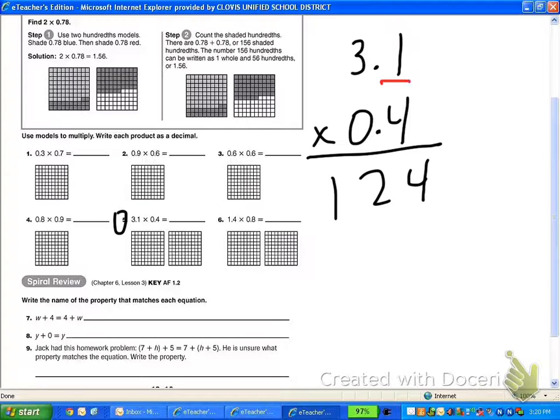And we got one decimal with a number behind it, another decimal with another number behind it. So it's a total of 2 places. 1, 2. So your answer would be 1.24. Hopefully this is enough. There's only 6 problems, so I'm going to have them work out the rest on their own. We'll go into Lesson 2 right now.